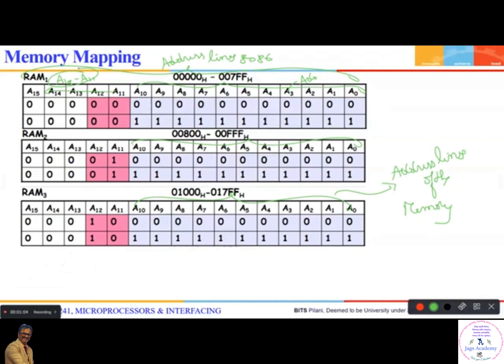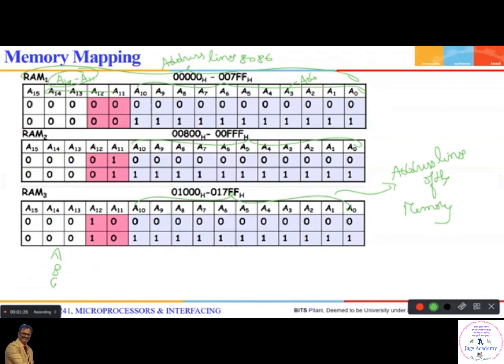Right? Now, how do you select the inputs to the decoder logic? I have told you what can be the input A, B, C to the decoder logic, which differentiates your RAM 1, RAM 2 and RAM 3.